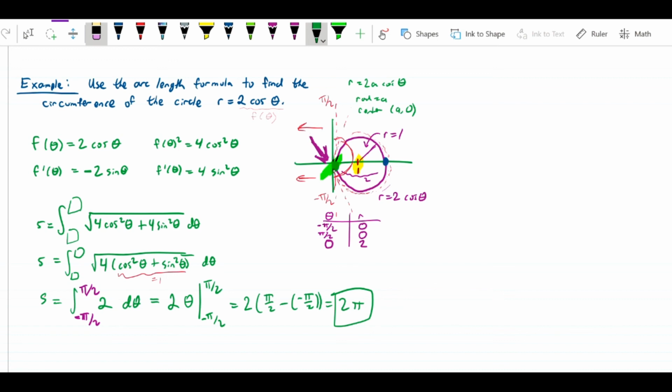When we're trying to figure out where the object is and what angles we actually have to consider, what we're doing is figuring out where it is within what angles from the center of the universe, not the center of the object. So hopefully, if you go through this, you'll understand why this entire circle is formed by angles from negative pi over 2 to pi over 2 instead of the usual 0 to 2 pi for a circle that was actually centered at the real center at the origin, the center of the universe.